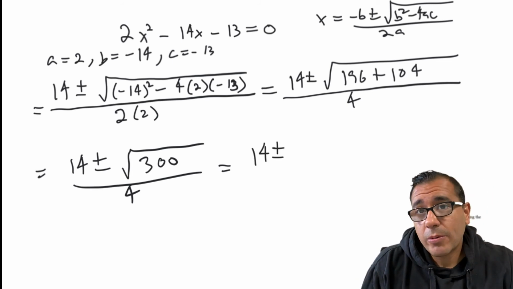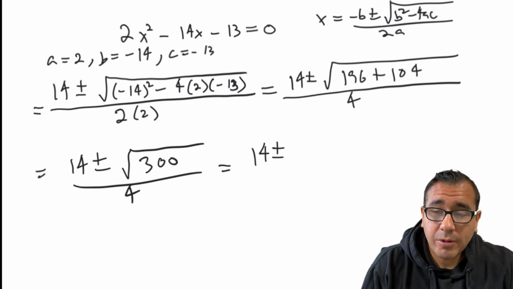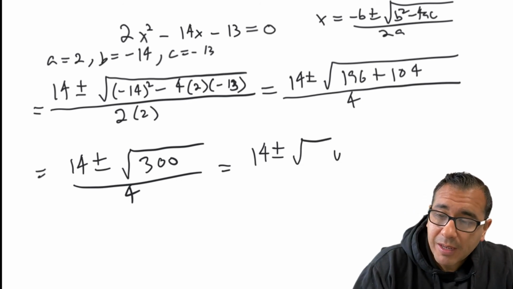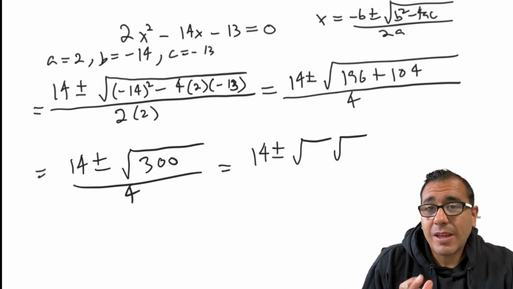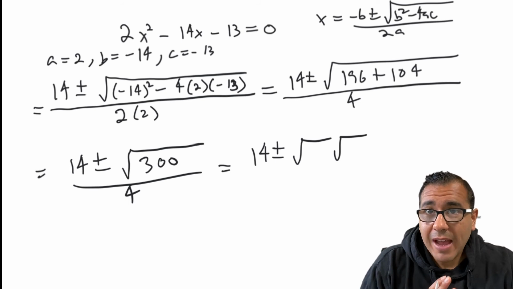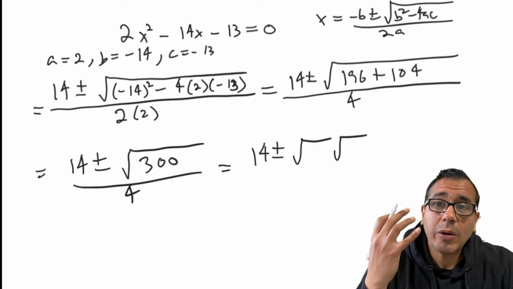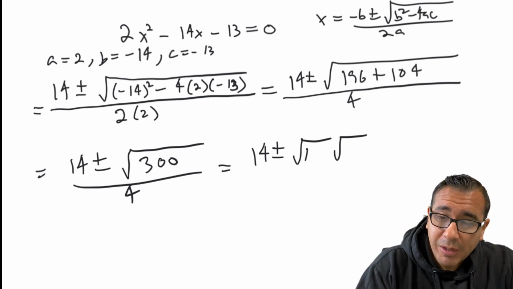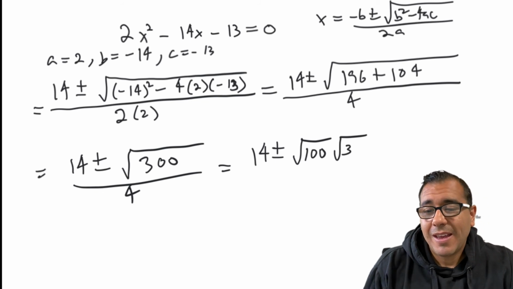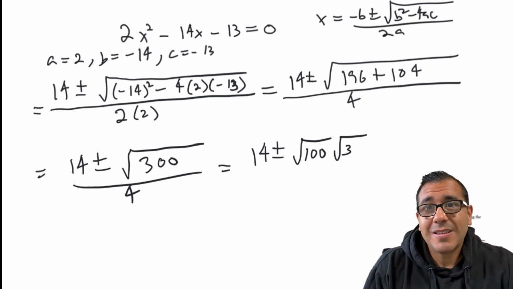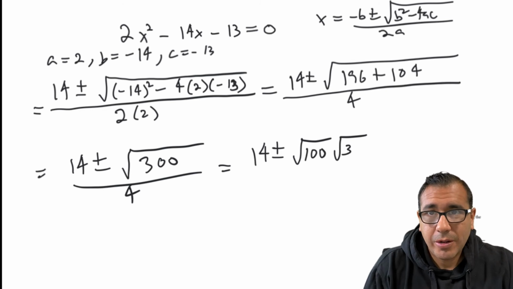Since we have the square root of 300, we don't know the square root of 300. So what we're gonna do is break it up. And the first number that we use to break it up, the first factor, has to be a perfect square. And that means I need to know the square root of that number. So for 300, we're gonna do 100 times 3. And the reason I'm using 100 is I know the square root of 100, okay?